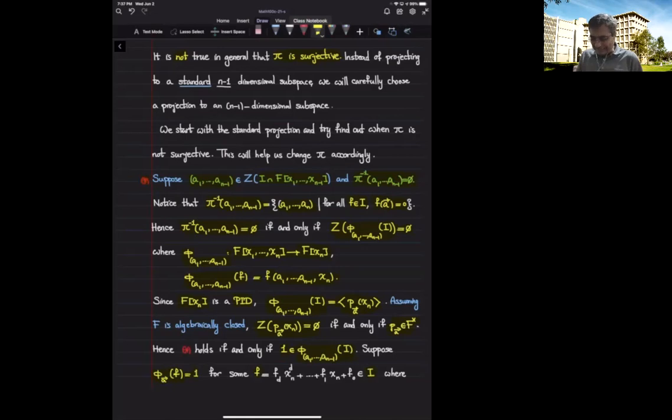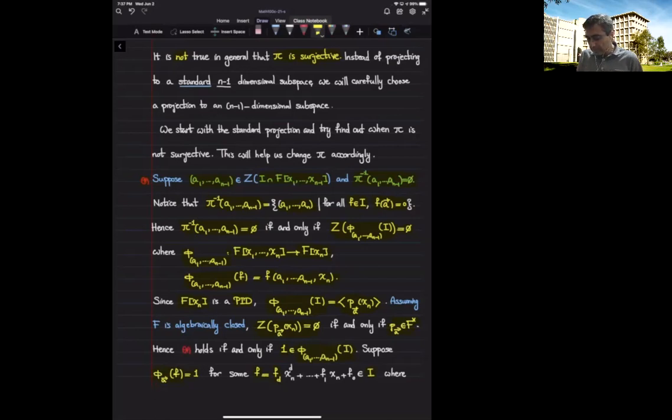Now, in order to understand how this evaluation works, I'm going to write down f in terms of a polynomial with variable x sub n. That means I'm going to consider these coefficients. These are essentially polynomials in n minus 1 variables from x1 till x sub n minus 1.